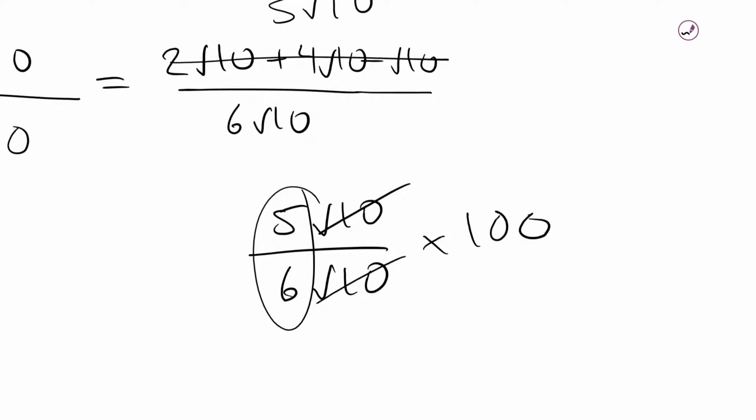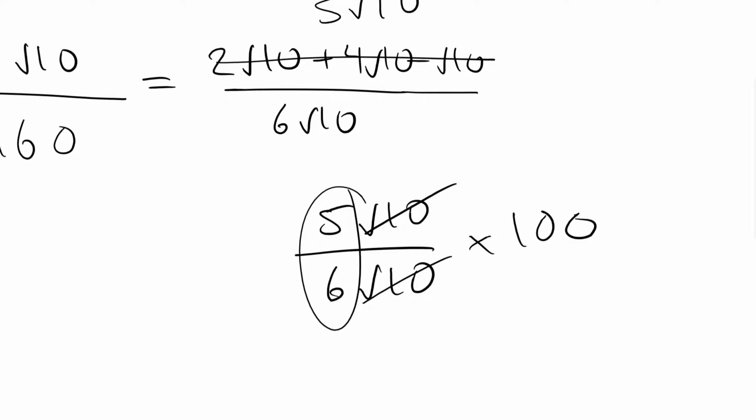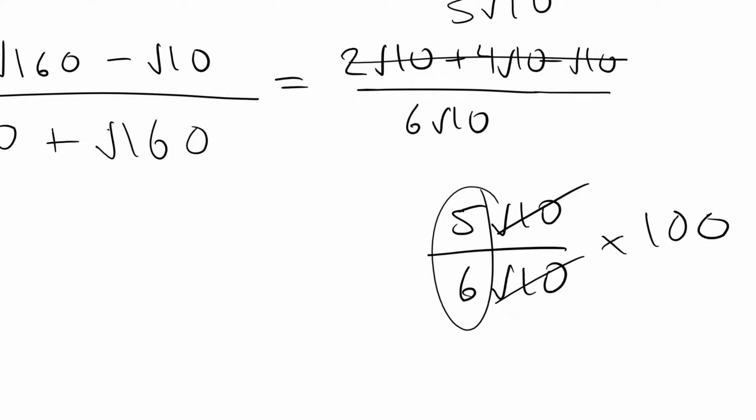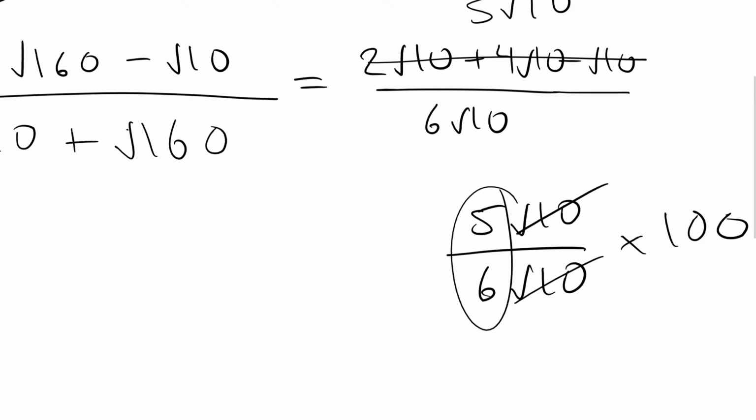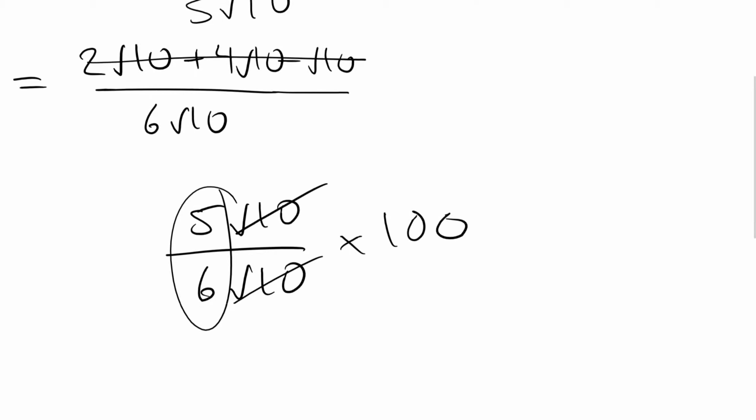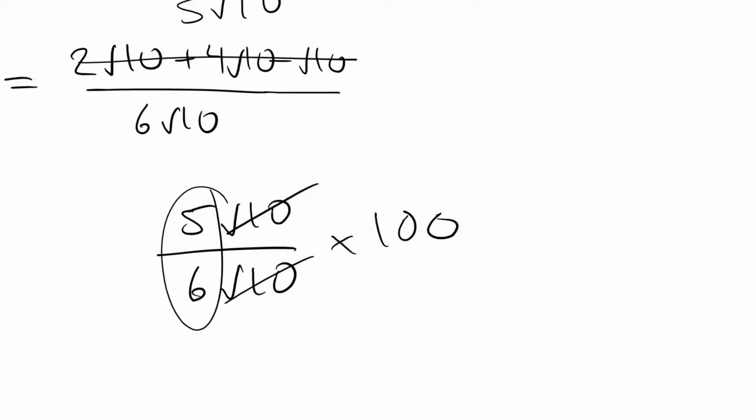We could easily work that out. I don't know if it's a calculator or non-calculator, but you could work out 5/6 as a recurring decimal easily through a calculator. Just do 5 divided by 6.